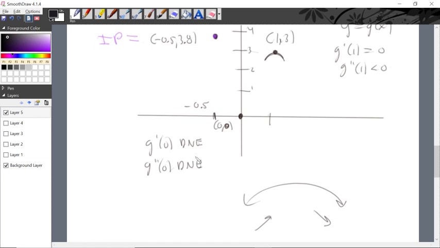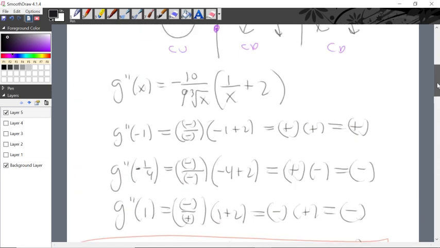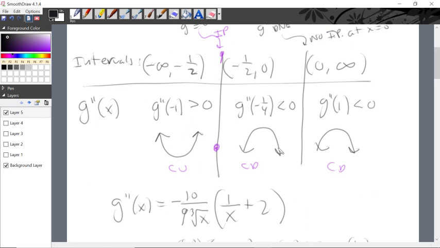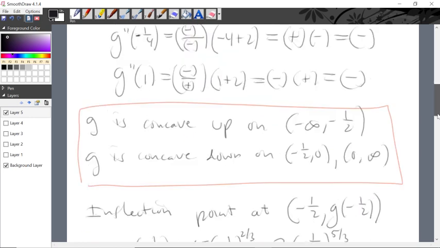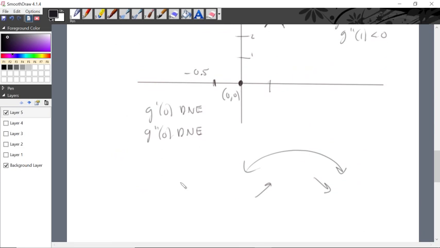So we have a change in the concavity. Between negative 1/2 and 0, the function was concave down. But to the left of -1/2, it was concave up. So it's concave down within this interval right here, but it is concave up all the way throughout this part of the domain out here.